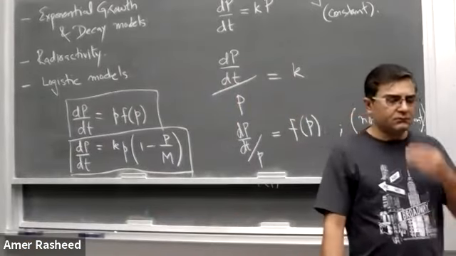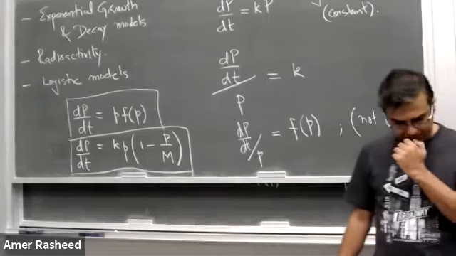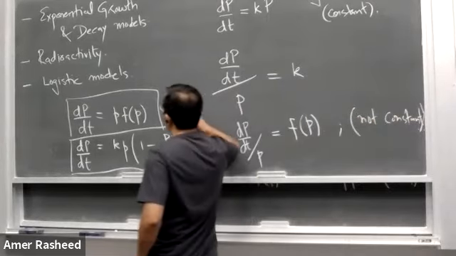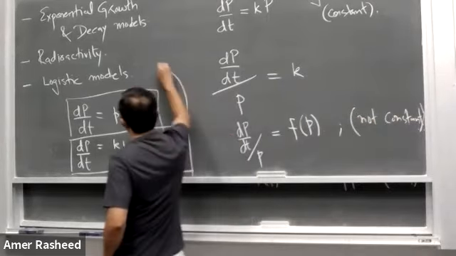This equation is called the logistic equation, the logistic first order differential equation. Here k is not population zero, in fact.